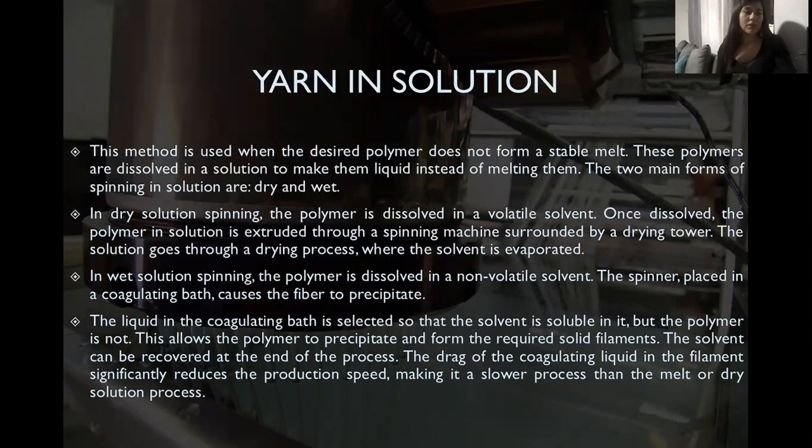This allows the polymer to precipitate and form the required solid filaments. The solvent can be recovered at the end of the process. The drag of the coagulating liquid on the filament significantly reduces the production speed, making it a slower process than the melt or dry solution process.